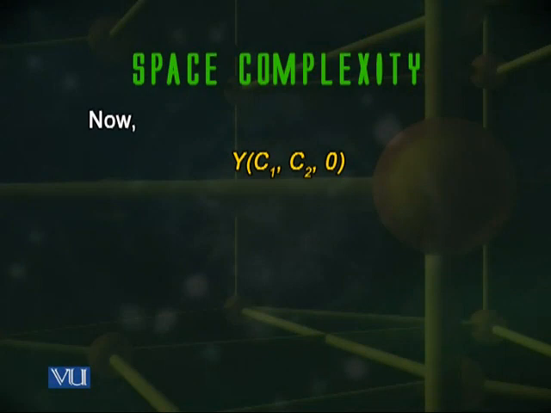How will we express the fact that C1 yields C2 in 0 steps? That's very simple. A configuration yields another configuration in 0 steps if and only if configuration 1 is equal to configuration 2. Thus, we can insist that all the variables corresponding to the first configuration are equal to the corresponding variables of the second configuration, and this can be simply put in Boolean logic.